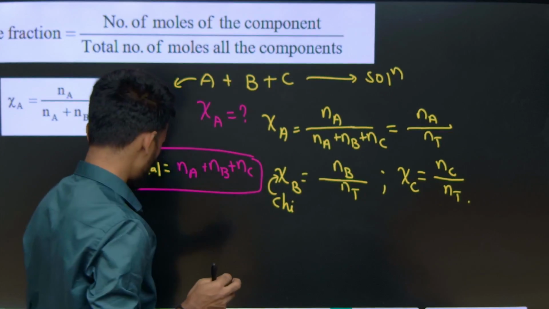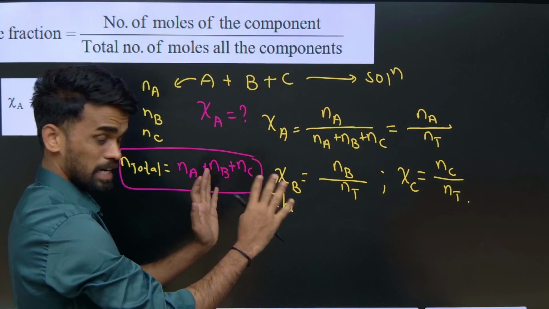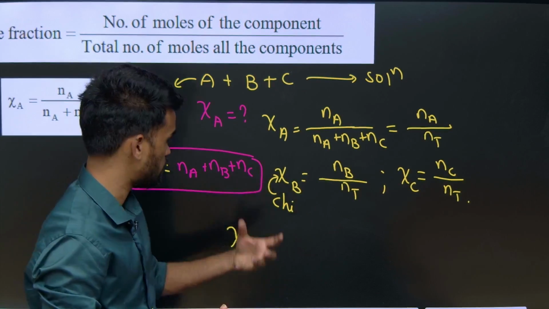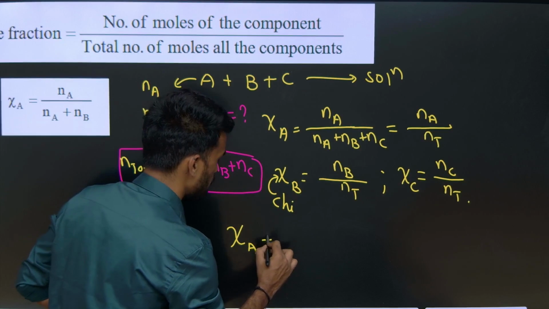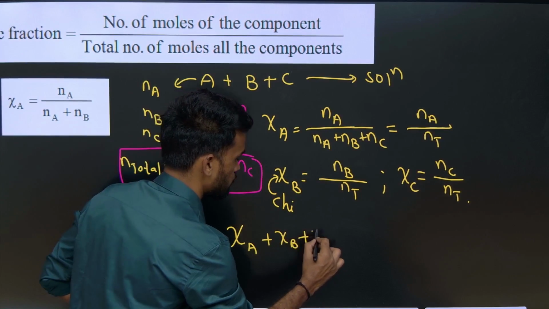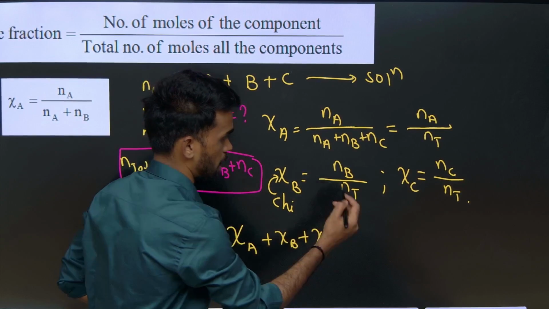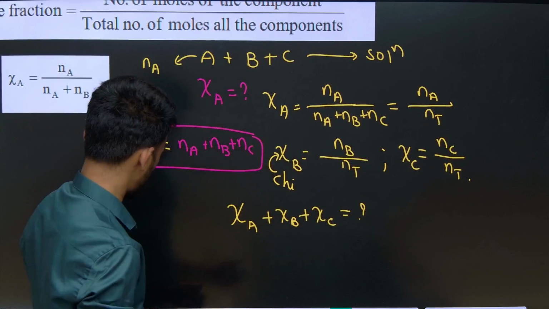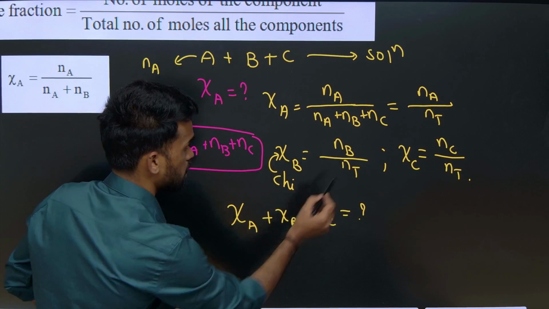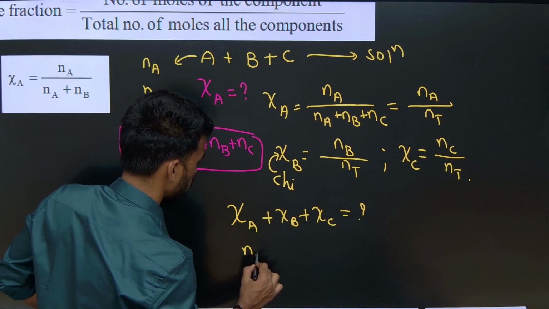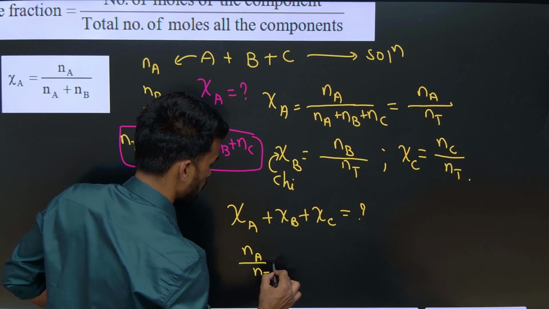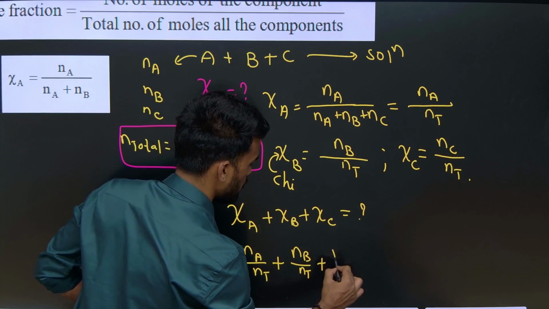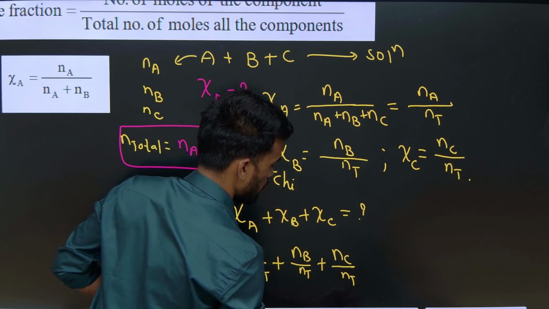Next, what is the sum of mole fractions of this particular solution? So chi A plus chi B plus chi C is how much, if I ask? Just give a try from your side. Here chi A is Na by N total, chi B is Nb by N total, and chi C is Nc by N total.